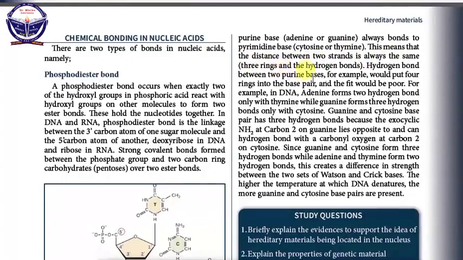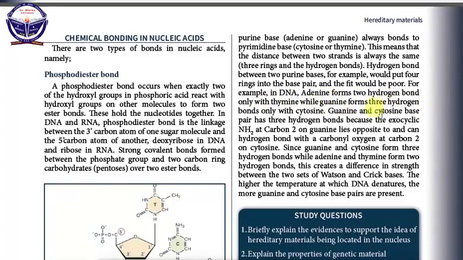So hydrogen bonds between two purine bases, for example, would put 4 rings into the base pair and the fit would be poor. For example, in DNA, adenine forms 2 hydrogen bonds only with thymine, while guanine forms 3 hydrogen bonds only with cytosine.